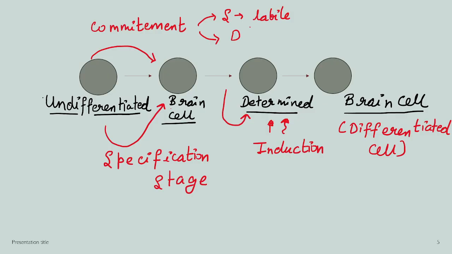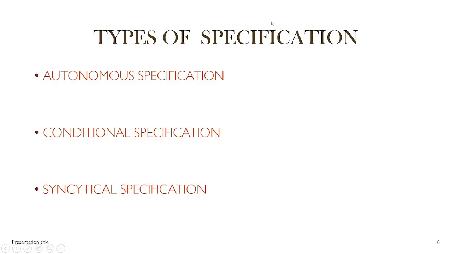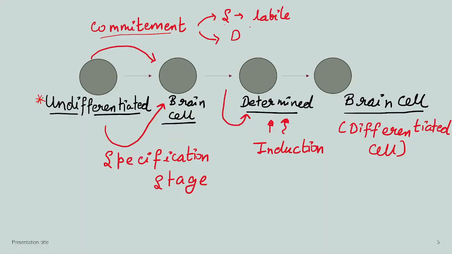Moving further. So this is a diagrammatic explanation. We have an undifferentiated cell. The undifferentiated cell is going towards commitment. And for commitment, we have already seen two types. First, the cell gets specified. So this is the specification stage.